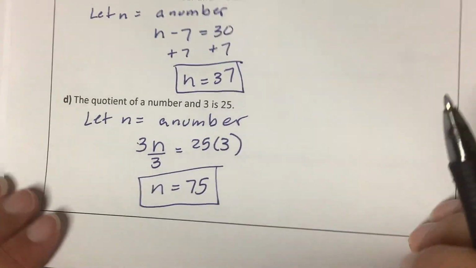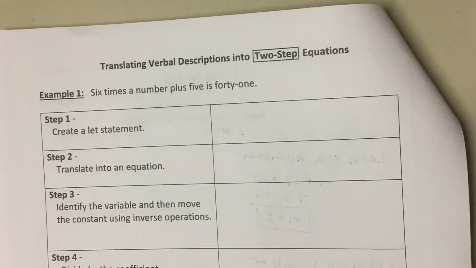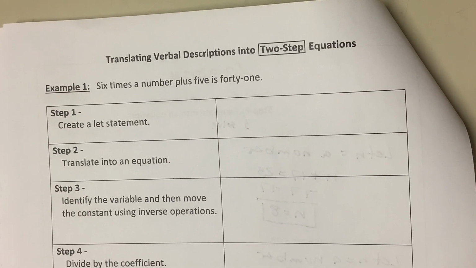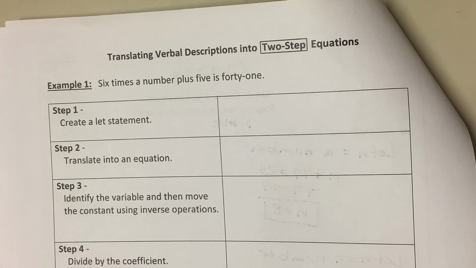All right, let's go on to two-step equations. Everybody's favorite. No, well, that's not really true. Here we go. Translating verbal descriptions into two-step equations. Sample 1. 6 times a number plus 5 is 41. Okay, create a let statement.